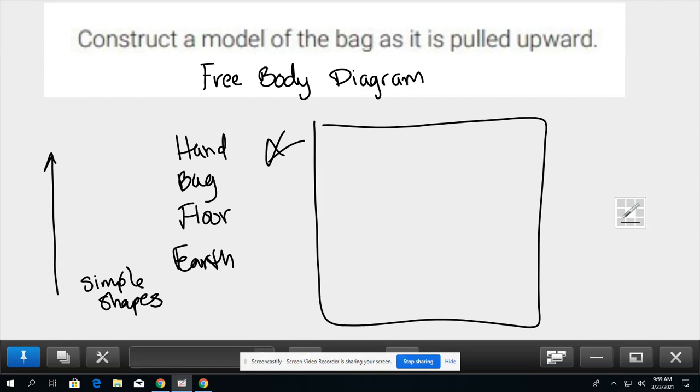As a hint, you should have 10 arrows, which means you have 5 pairs. That's your hint.